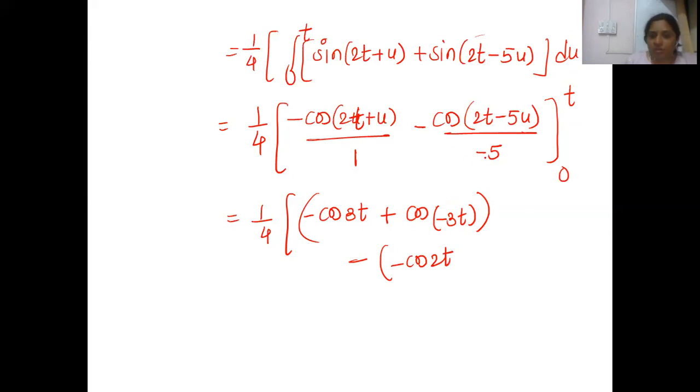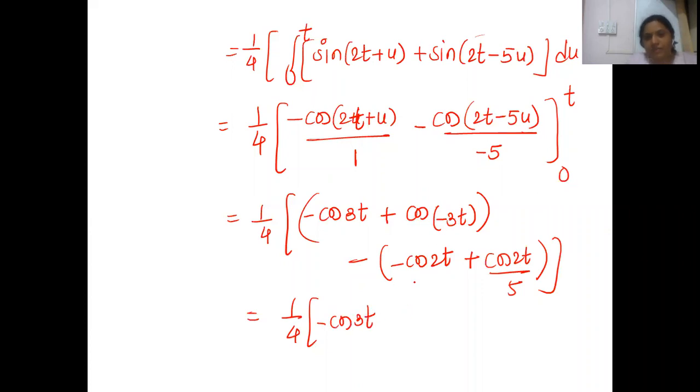Here also put u as 0. This is plus, minus minus plus cos 2t by 5. So it is cos 2t by 5. Right, connect it. 1/4 minus cos 3t. Cos of minus theta is what? Cos theta. So it is cos 3t minus cos 2t plus cos 2t by 5.